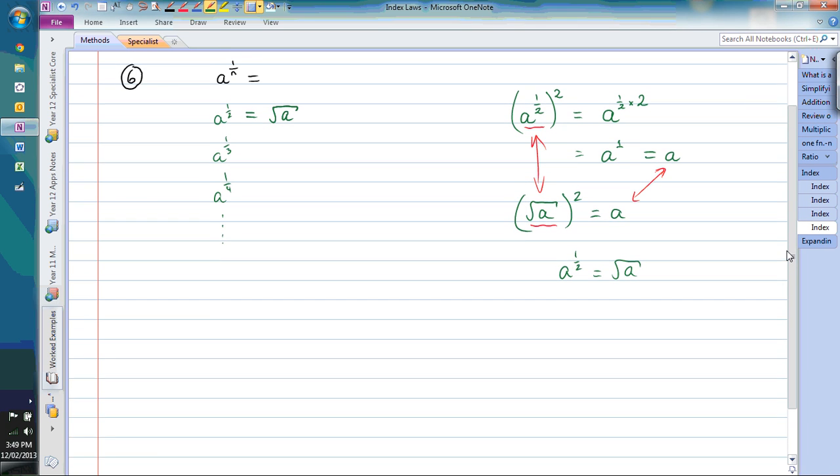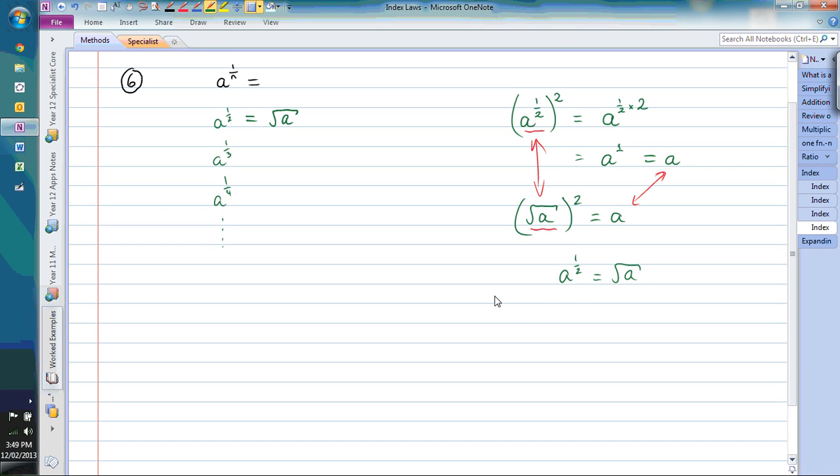Alright, let's think about the next case, a to the power of 1/3. And I'm going to cube this one. Now my index laws again, here's something raised to a power, raised to another power. Sorry, it's like a to the power of a third times 3.